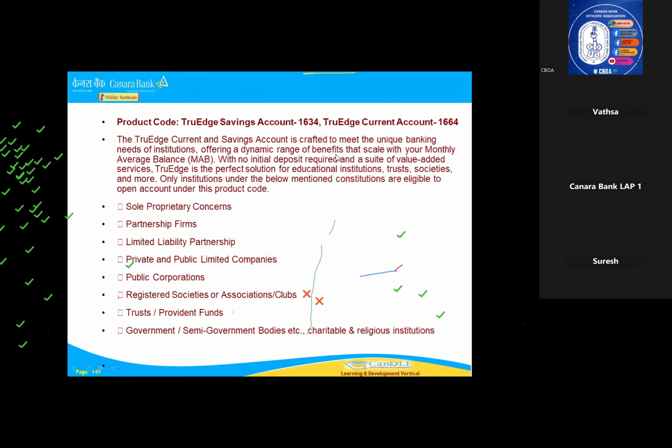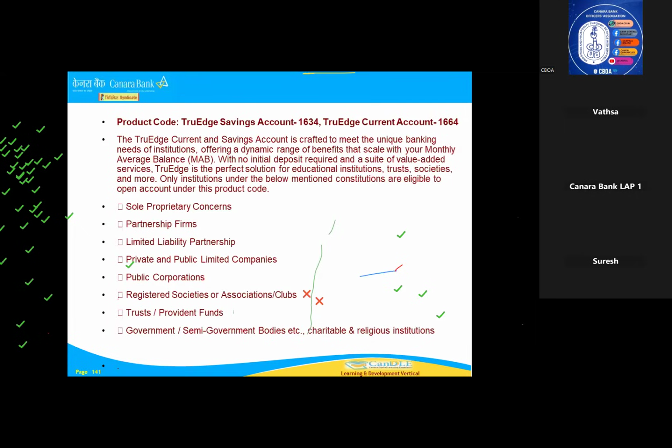This is supposed to be the SB or current account opened for institutional financing like schools, colleges, hospitals, societies, trusts, then associations. It can be opened based on the previous month average balance. If they already have an account, they will see the balance after 1 month, and then put them into that particular category.